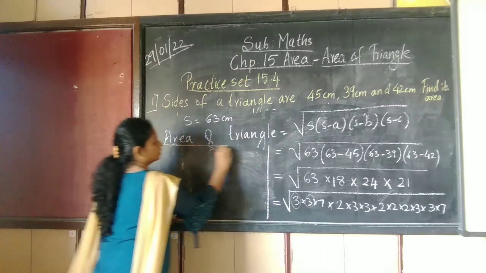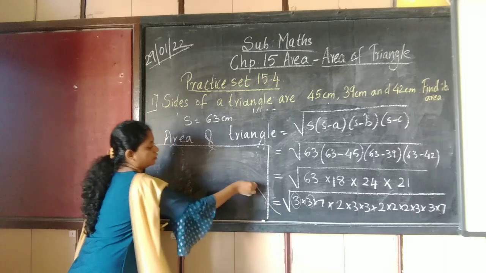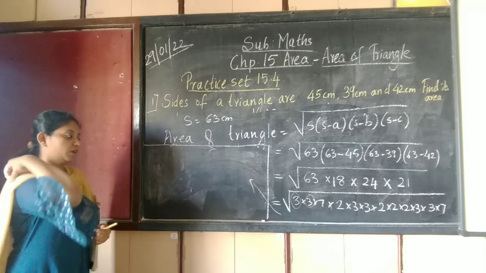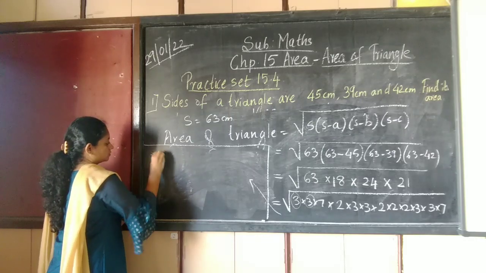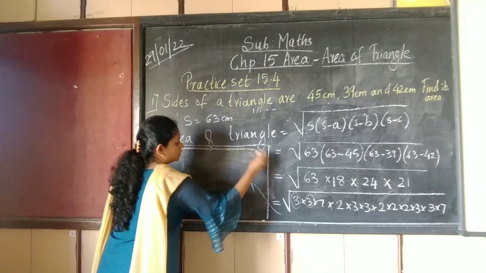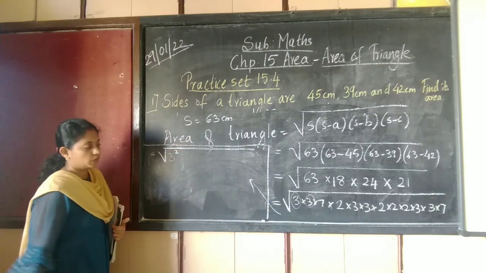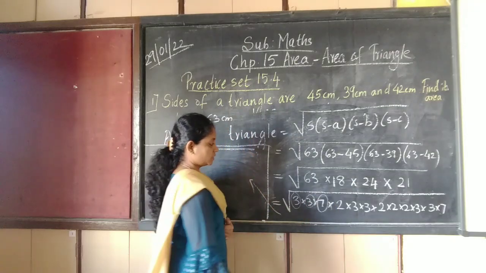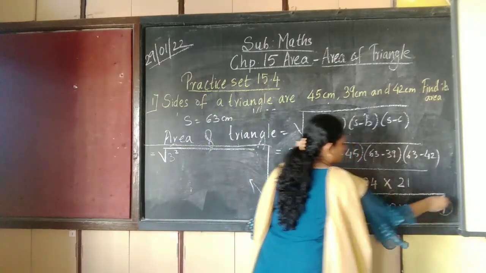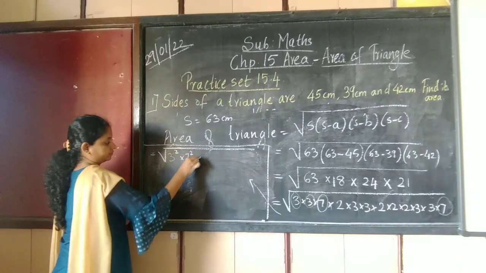I am continuing here, students. After this step, follow this step. Now, put the square root sign. 3 is repeating 2 times. We will write 3 square. Next, 7. How many times is it repeating? 2 times. So we will write into 7 square.